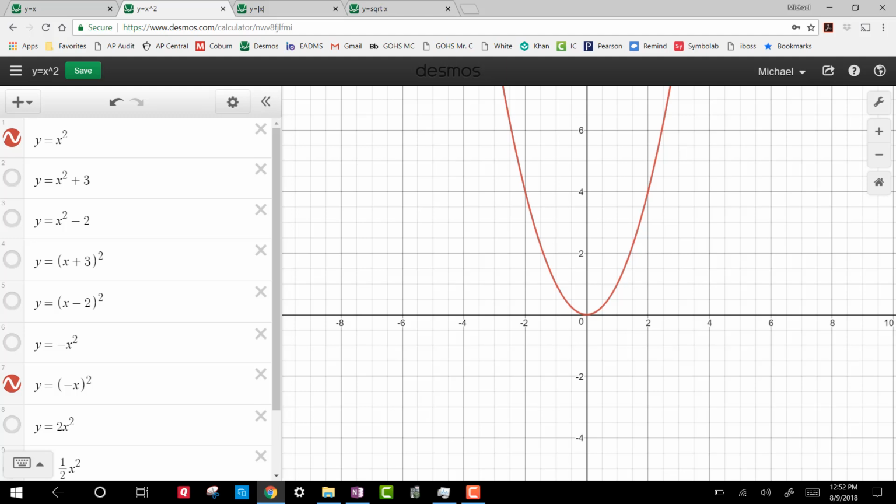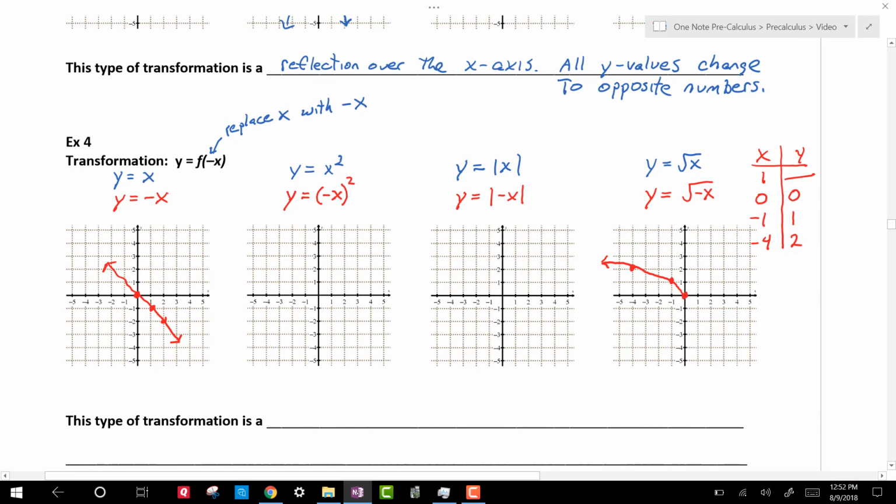Now, the reason that these two look the same, so let's go back and graph these and then we'll talk about these. So my absolute value looked exactly the same. My parabola looked exactly the same.